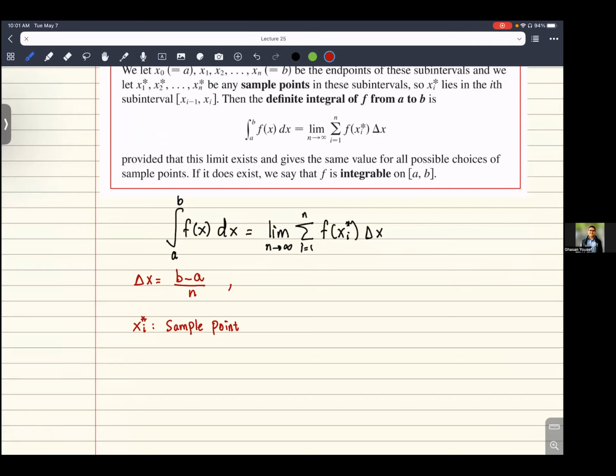You can pick this point from a subinterval of the long interval from a to b. So I can say here: a sample point from each subinterval.